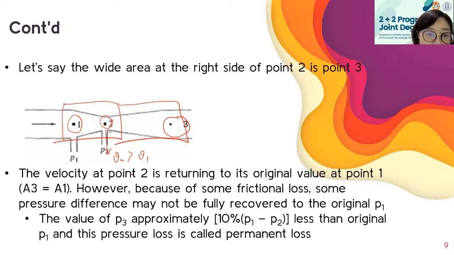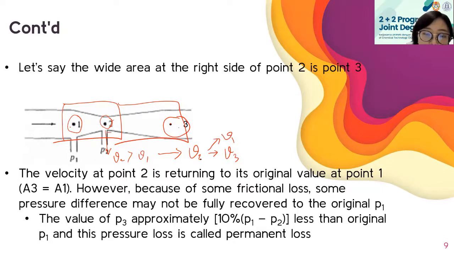However, after the expansion from point 2 to point 3, the velocity will be back to its original value at point 3, because point 3 and point 1 have a similar pipe diameter.